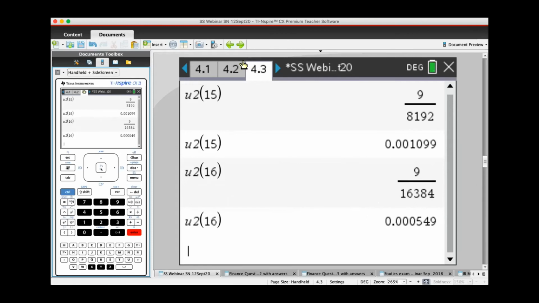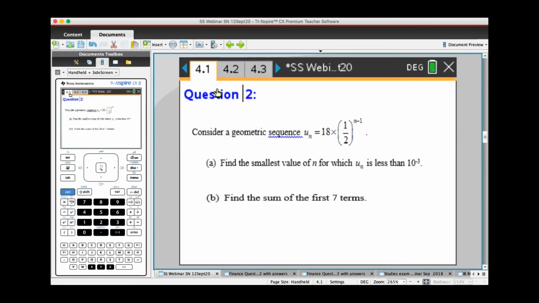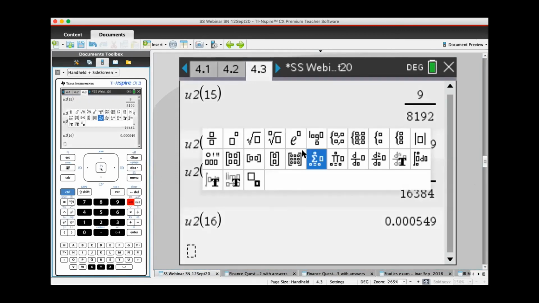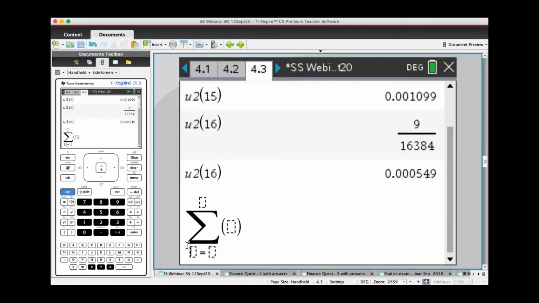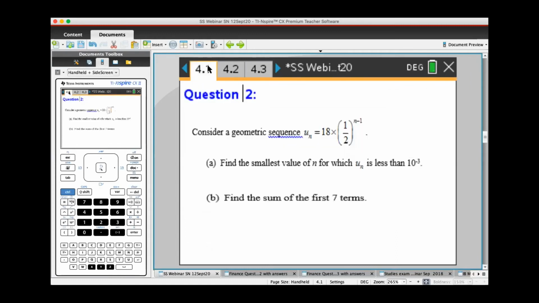All right, so we go back here, and this was our question here, right? To find the sum of first n terms, you can still use, because this is geometric, I'm going to go in here and do this again, and my n goes from 1 to, is it 7 terms?